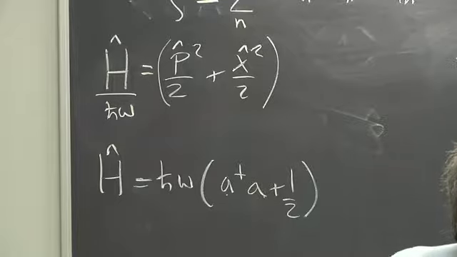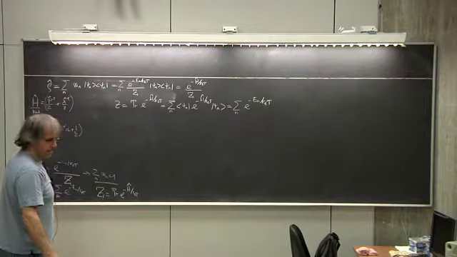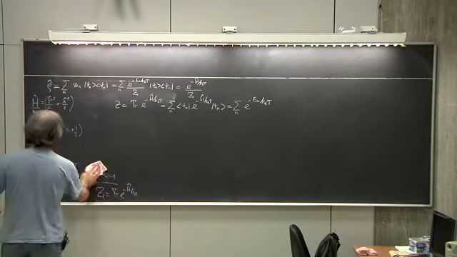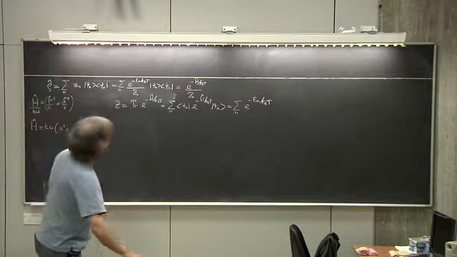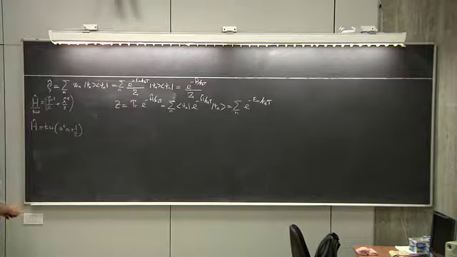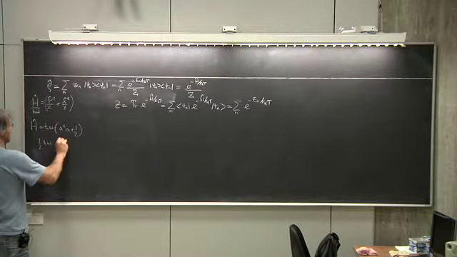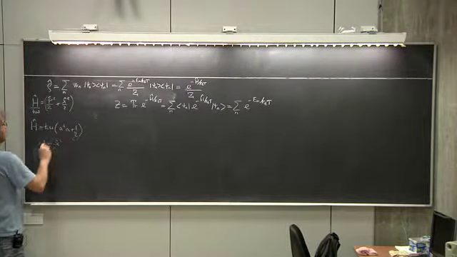Very well. Now, notice one thing. Let me first write what I want to calculate. I want to calculate averages of several things. For instance, I might be willing to calculate the average potential energy. Okay? So one operator that I might want to calculate is this one: h bar omega over 2 x squared, average.